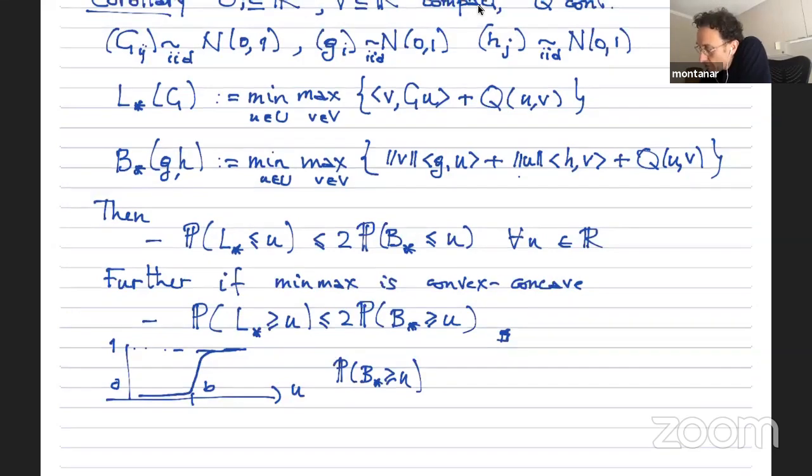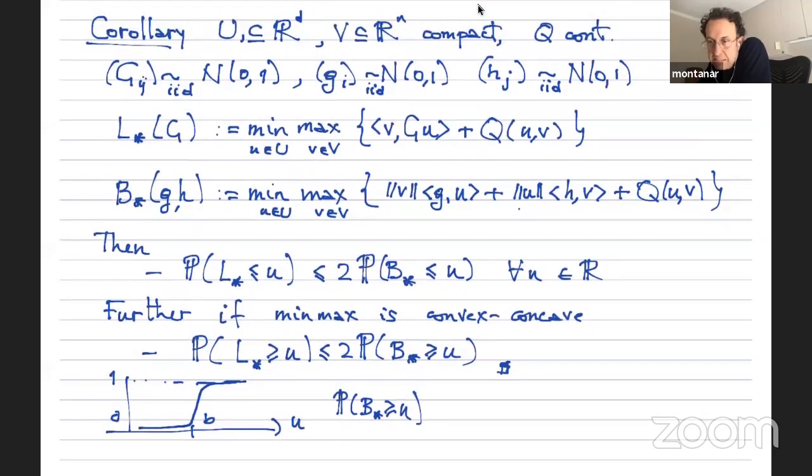But I chose my assumptions here in such a way as to make this easy. I can discretize the sets capital U and capital V because they are compact, and since Q is continuous, I'm in good shape. So going from a finite set to an infinite set is not a big deal here.